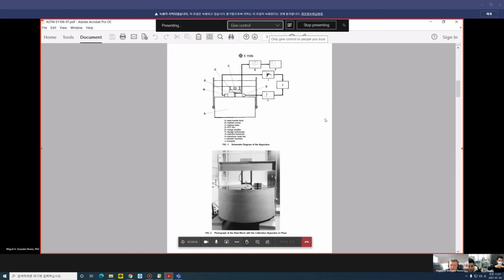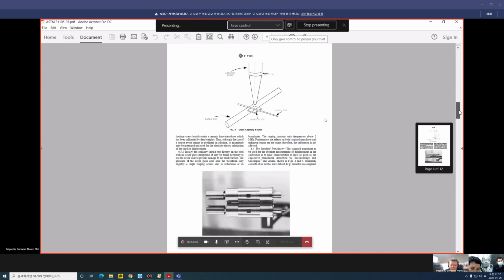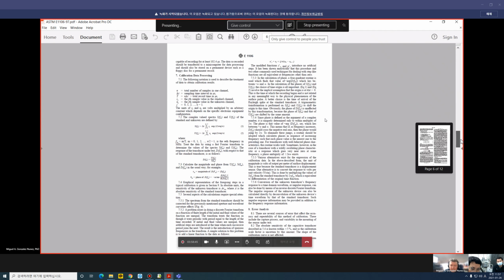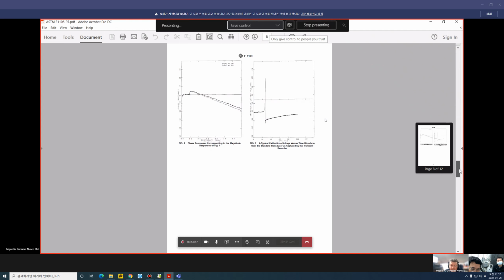And the idea of having this block is to eliminate any reflection from the pulse generated by one of the sensors and the response received by the other one. So you see, this is the pulsar, and this is the receiver sensor. But that is not what I wanted to show you. This is another type, but that is very practical.